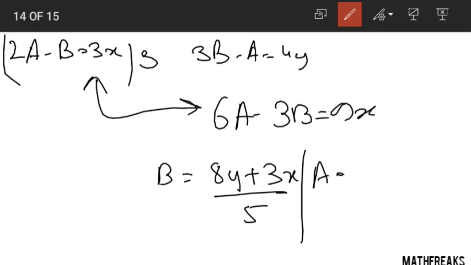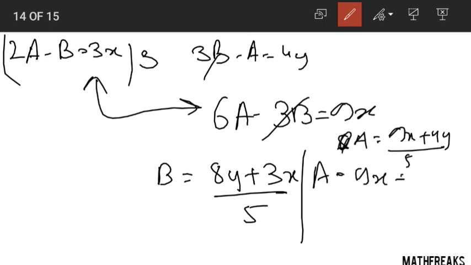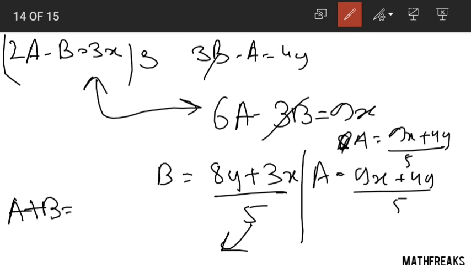So add them, this gets cancelled, so 5a equals 9x plus 4y, so a would be (9x plus 4y) upon 5. So if you add them, a plus b would be 12x plus 12y upon 5, right?